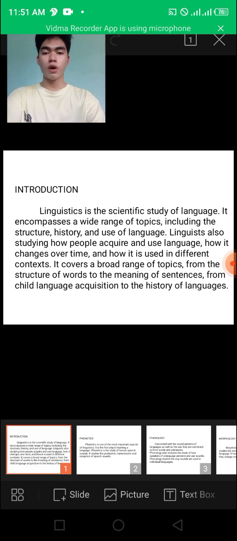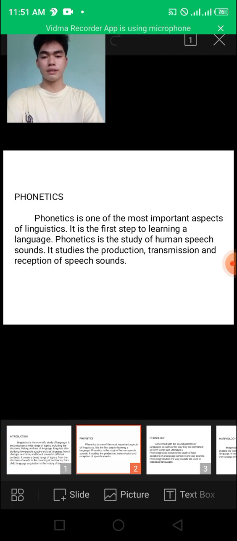The first one is phonetics. Phonetics is one of the most important aspects of linguistics. It is the first step to learning a language. Phonetics is the study of physical properties of speech, such as their articulation, acoustics, and perception. It involves the way sounds are produced.